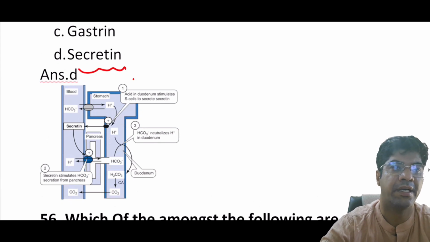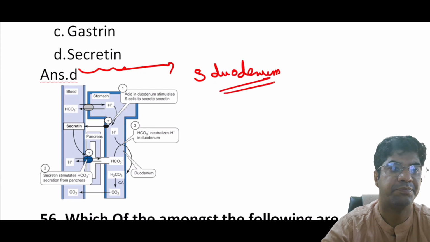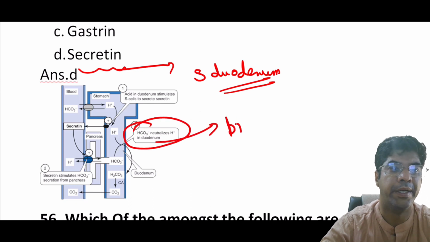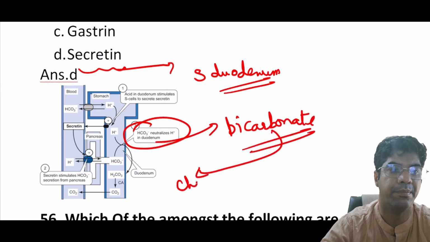So secretin, it is a hormone that is produced by the S cells of the duodenum in response to acidic chyme. So it stimulates the pancreas to secrete the bicarbonate rich fluid. So this bicarbonate would help to neutralize the chyme as it enters the small intestine.